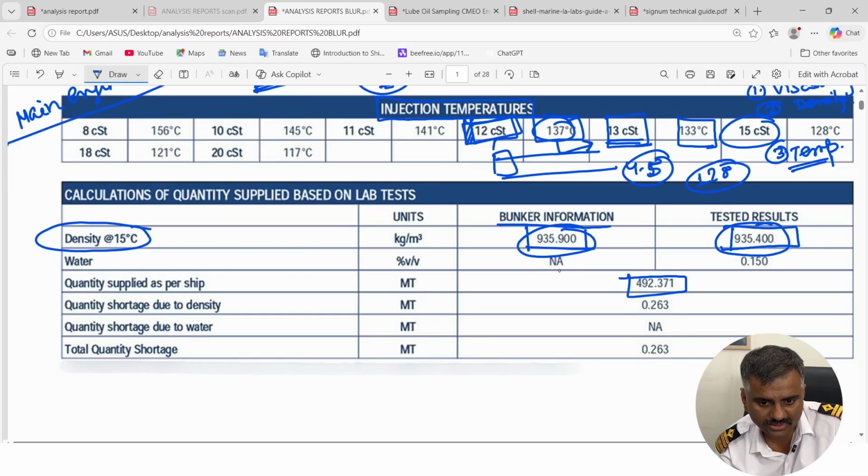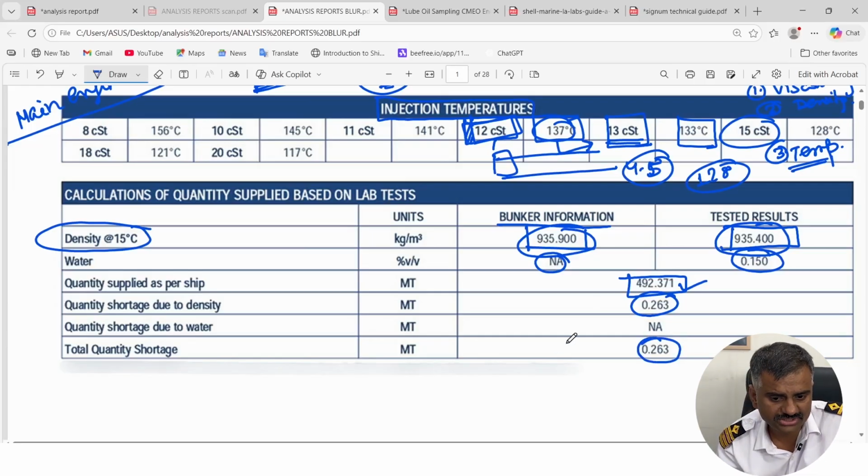Bunker BDN does not provide you water quantity, so in the test results, they got the water quantity as 0.15. Total quantity supplied was 492, and due to density, the difference was found to be 0.2, which is a very negligible amount. 0.2 metric ton is the amount of shortage due to density.